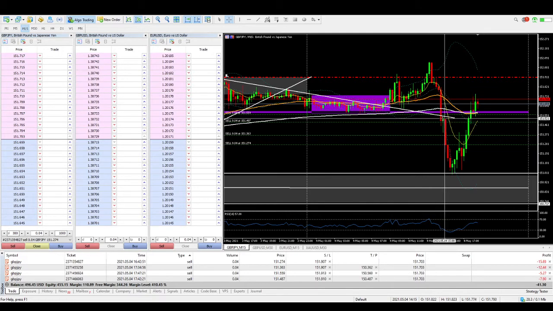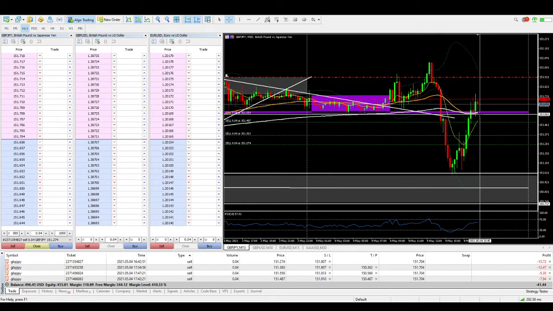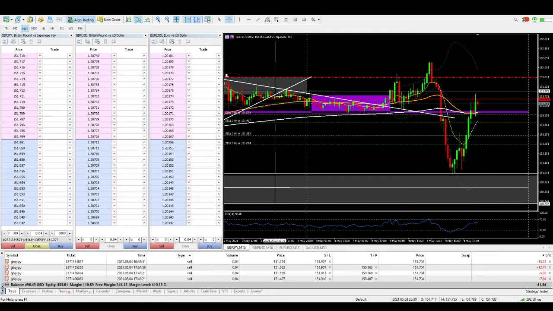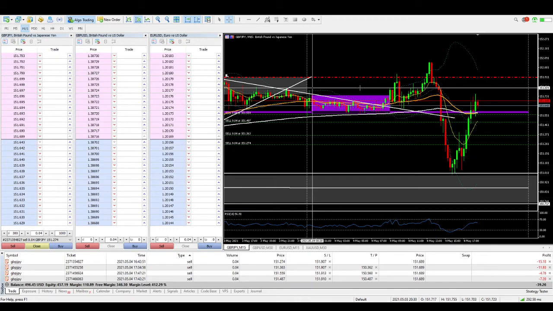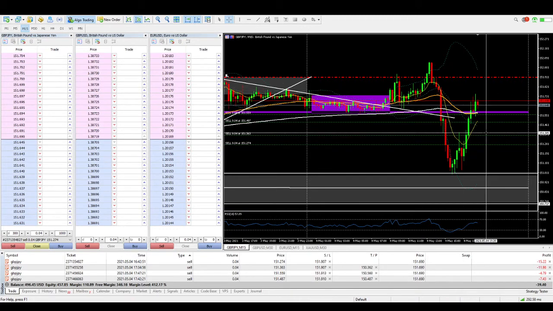Then I had this other small resistance, I put another one up, and then it went here. I was thinking it would really go down because it hit the 200 moving average, but it still went up and is testing the highs of this. Interesting.